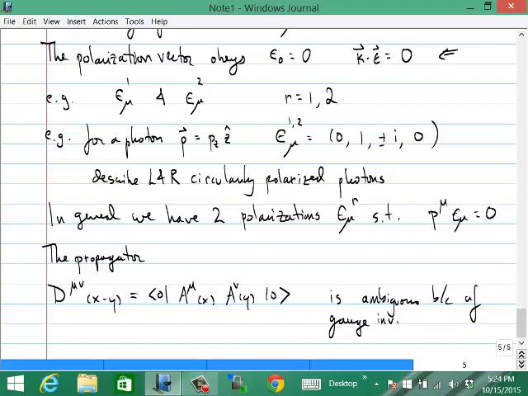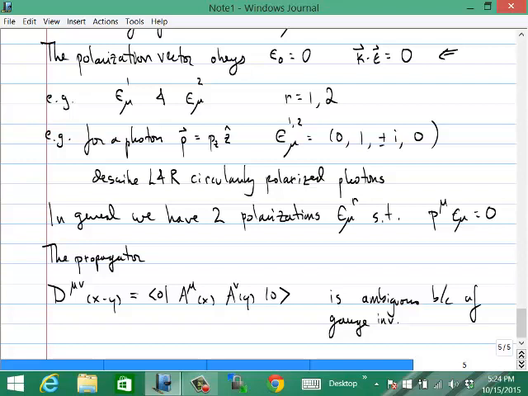In particular, under a gauge transformation, A mu shifts by a total derivative. So this propagator will shift under a gauge transformation. So you just choose a gauge, you choose a condition to impose, and work with the propagator in that gauge.